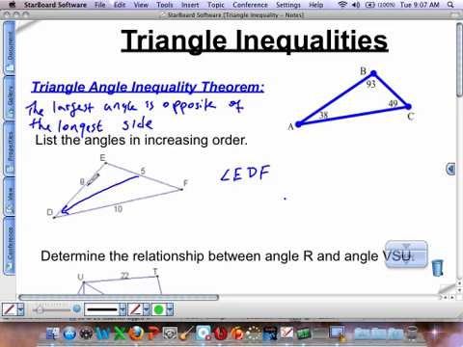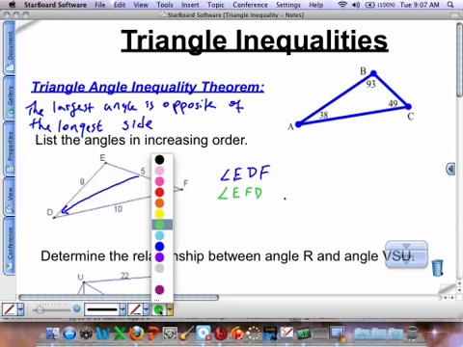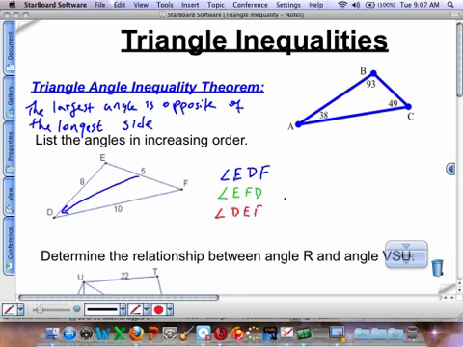My next smallest side is 8, so the angle opposite of that is F. So angle EFD. And the following, my largest angle, DEF. And we're done. It's really not that difficult, guys. Pretty straightforward: the largest angle is opposite to the longest side.